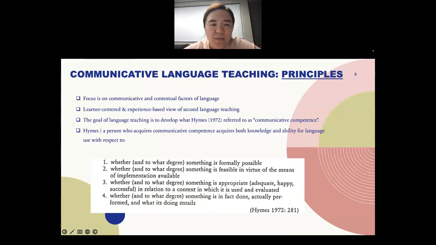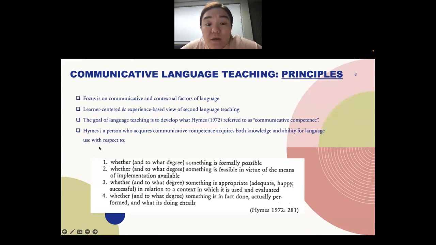So, CLT principles here: the focus is on the communicative and contextual factors of language, a learner-centered and experience-based view of second language teaching. Then the goal of language teaching is to develop what Hymes referred to as communicative competence. Hymes is a scholar.